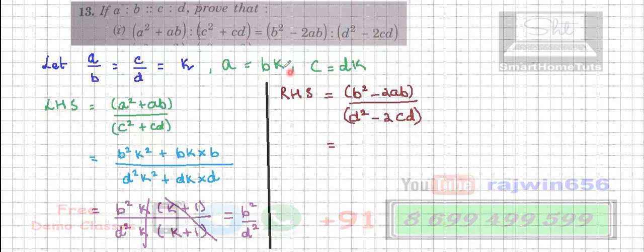We are supposed to substitute for A and C. B square is going to remain as it is, minus 2, instead of A I'm going to put BK, and this B will remain as it is.